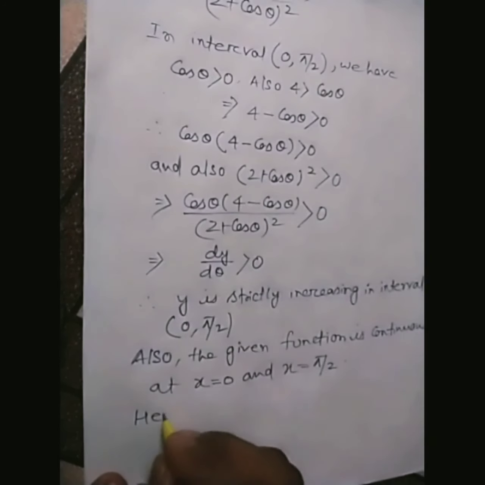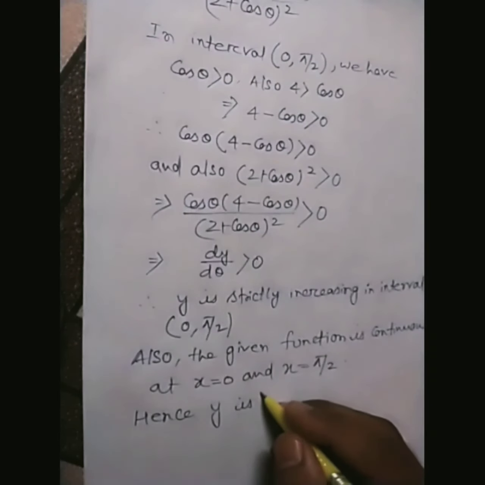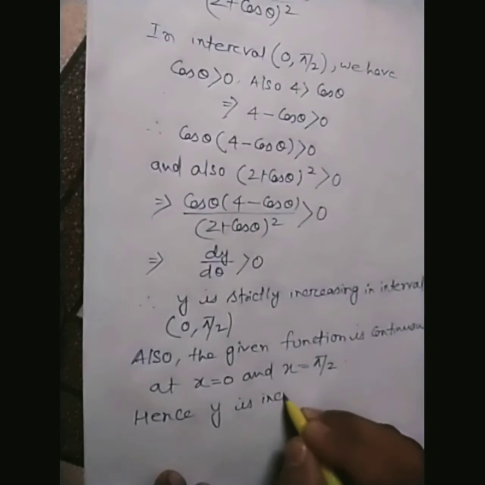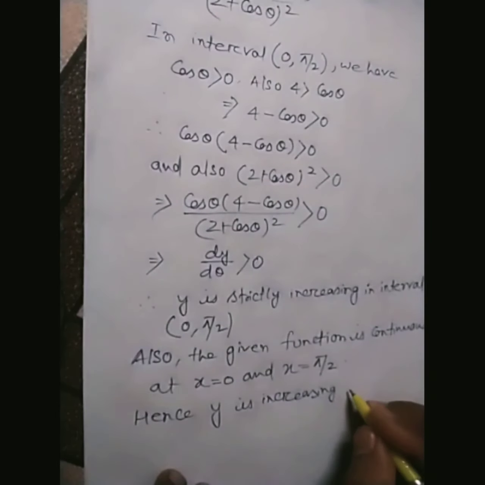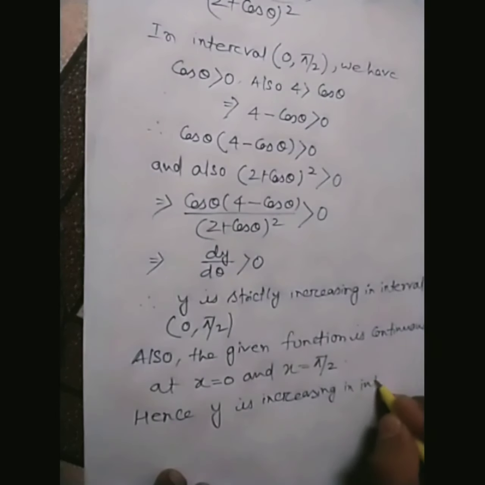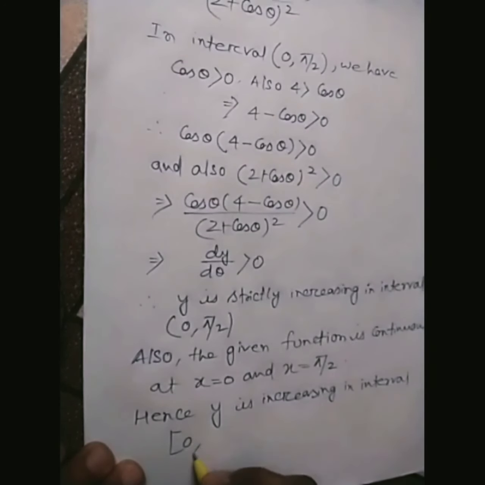Hence y is increasing. Y is increasing in the closed interval 0 comma pi by 2, okay.